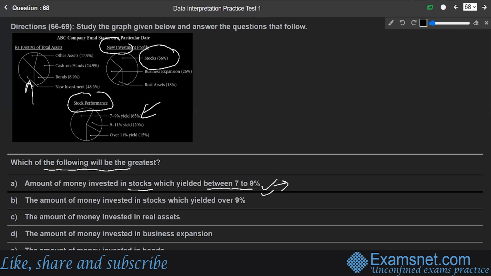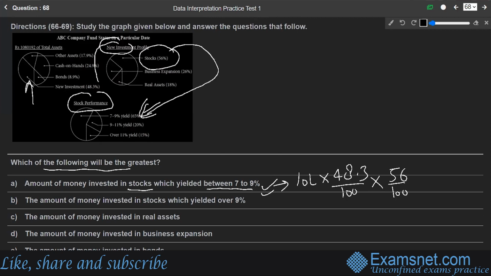So the first amount becomes a share of 10 lakh rupees. If we have to go into the new investment profile first, new investment profile is 48.3% multiplied by, from the new investment we have to enter into stock, and stock value is 56%, so it becomes 56%. From the stock we have to enter for 7 to 9%, that is 65% of it, so it becomes 65%.